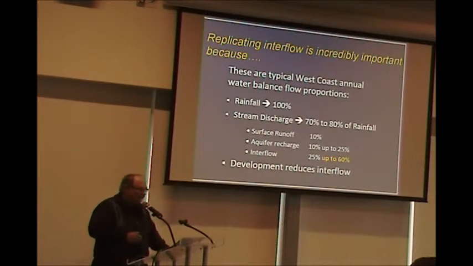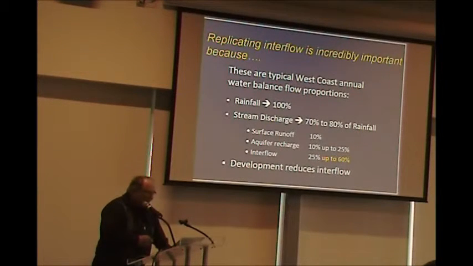Looking at the numbers, what we see here on the West Coast is, if we look at the balance, rainfall of 100%, 70 to 80% of that volume ends up in the stream as stream discharge. So how does it get there? Well, if we assume that 10% surface runoff is about right, and it generally is, that leaves what, 60 to 70% coming from somewhere else.